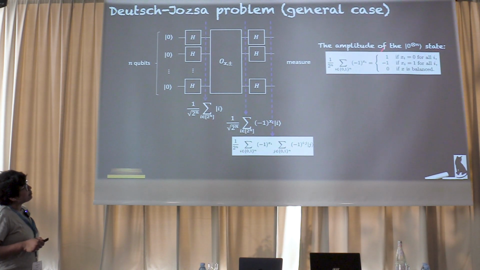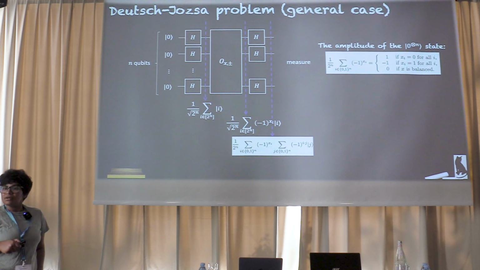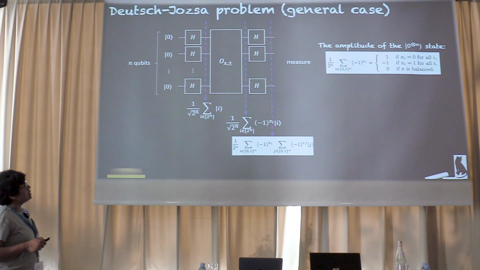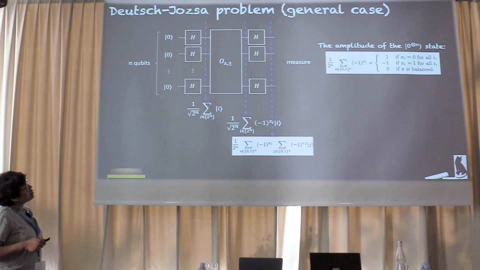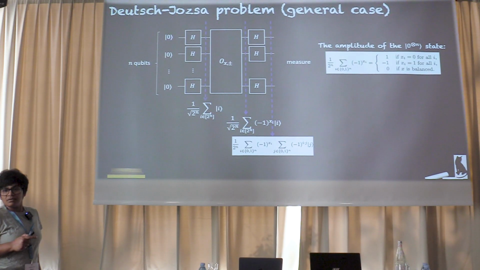Now, remember what the promise was? The promise was that either we are in a constant case, or we are in a balanced case. In the constant case, all your x_i will be equal. Either they will be all 1 or they will be all 0. So if it is the constant case, this summation term will get 1 or minus 1, right?